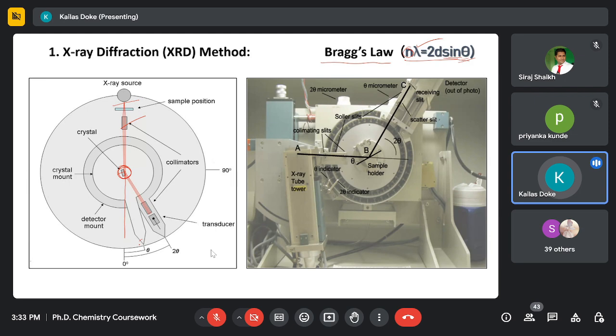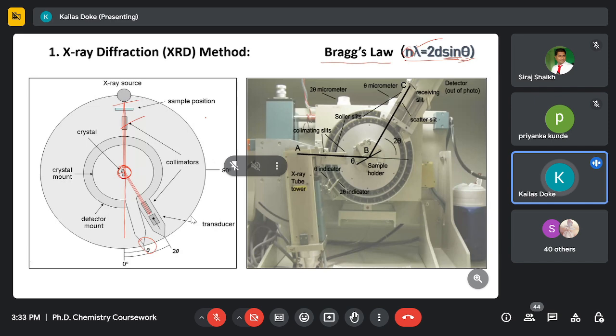To differentiate between crystalline and amorphous material, when we take the XRD, we can easily say that this material is crystalline and this material is amorphous. That we can see after two slides.